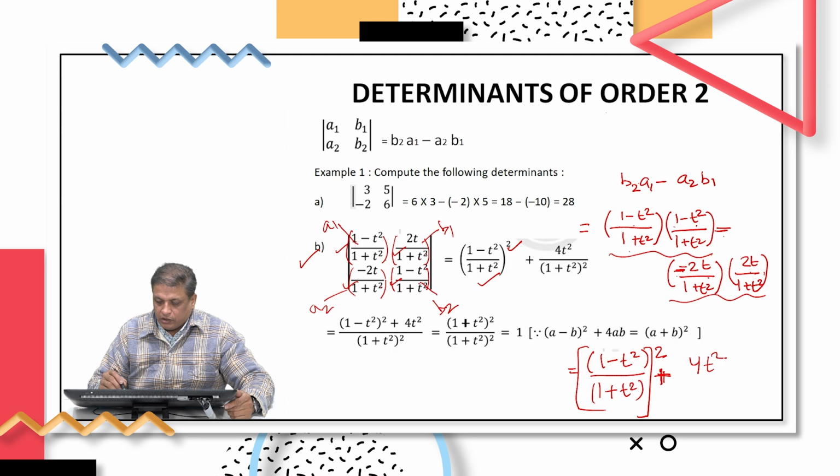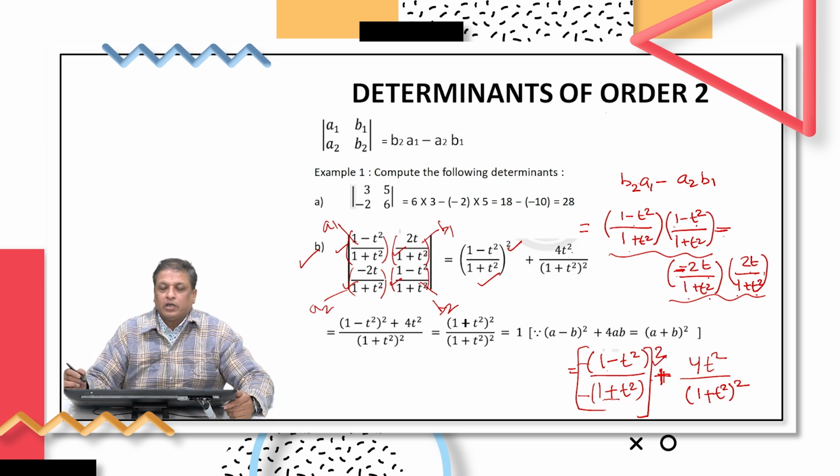So we derived the expression: 1 minus t square whole square upon 1 plus t square whole square plus 4t square upon 1 plus t square whole square.